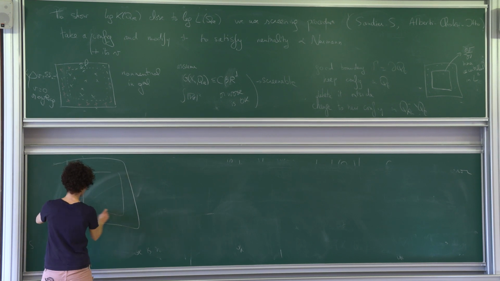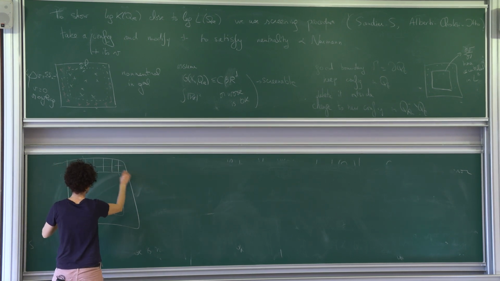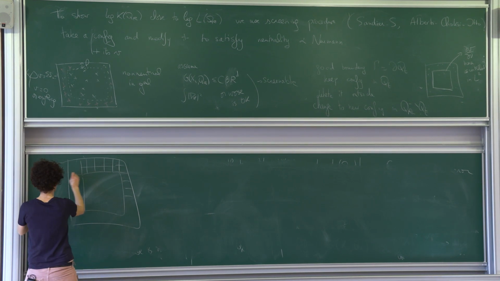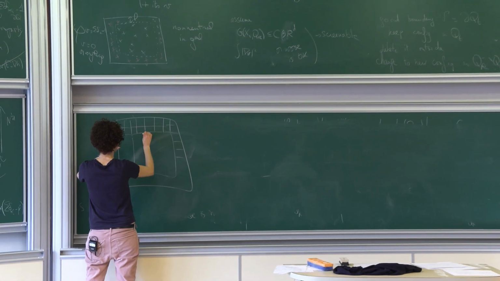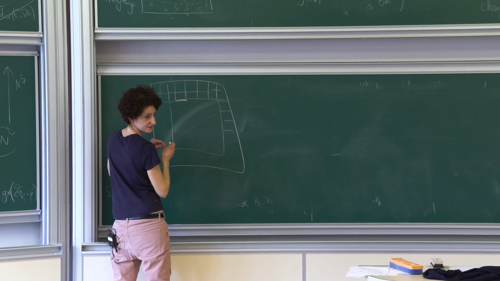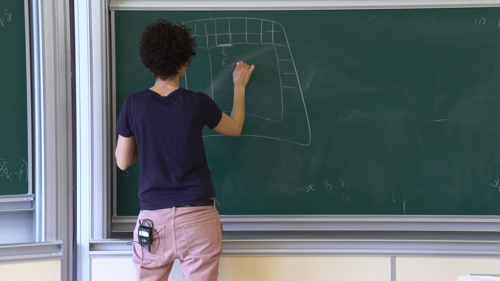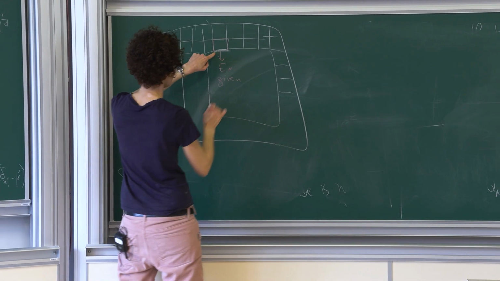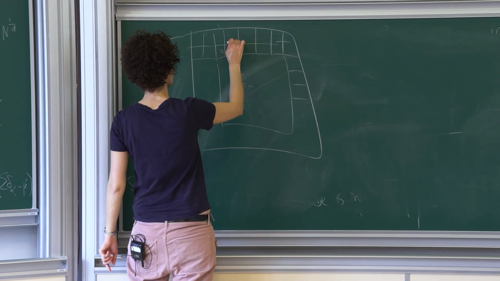You see, you have your boundary. You're actually going to chop it into smaller cubes here. And in a cube, you have a given boundary data here. So E·ν is given, not bad, but given. And then you're going to solve with 0, 0, 0.